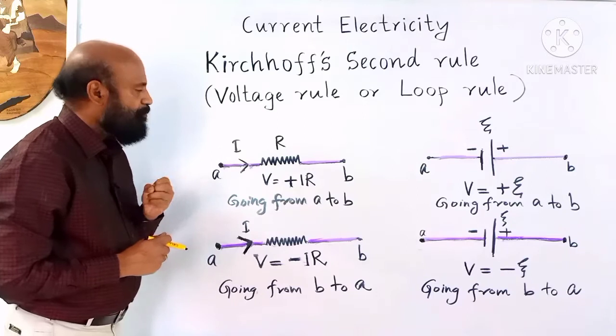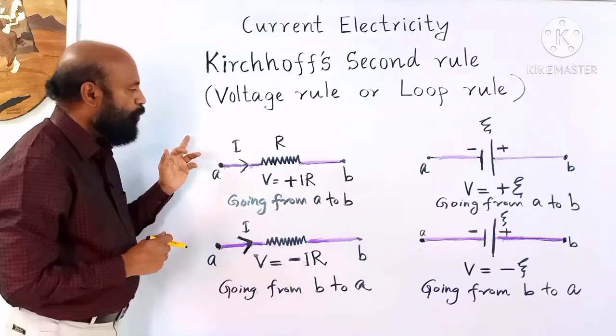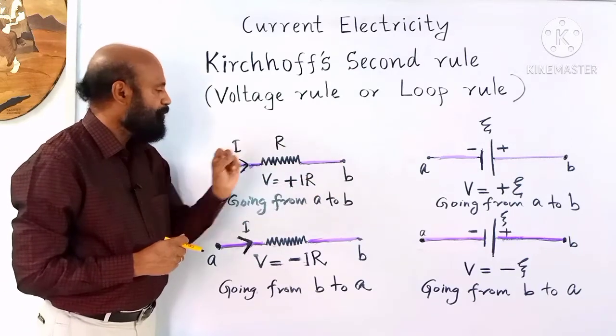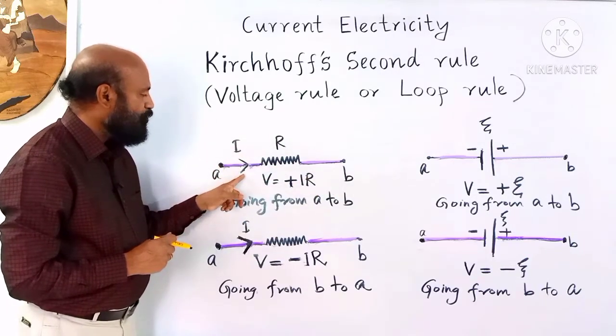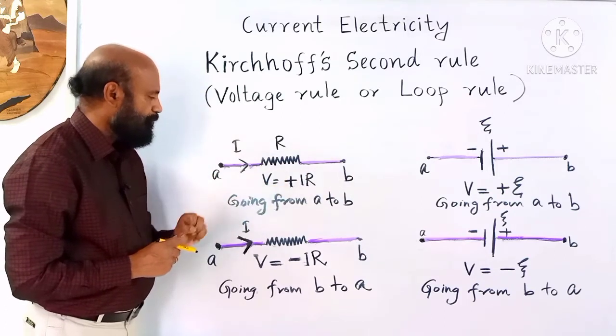To make it a little more clear, consider you are walking from A to B. Then if the direction of the current is in the direction of your walking, it is positive.